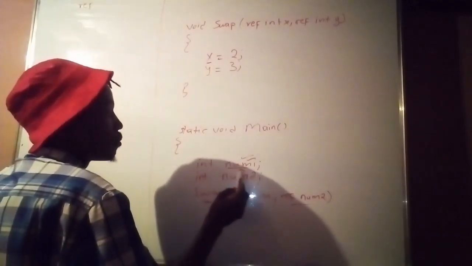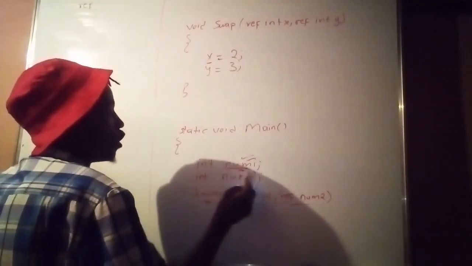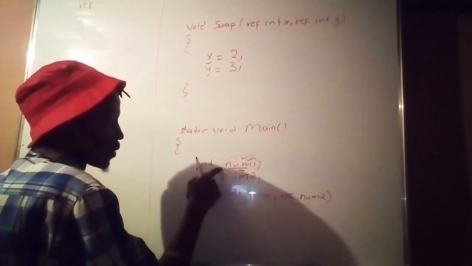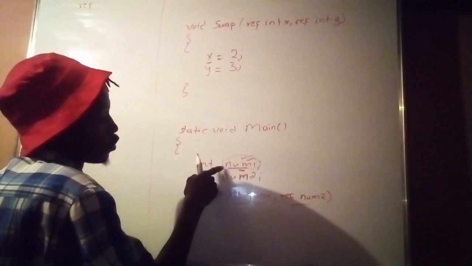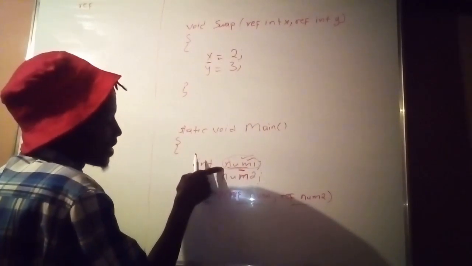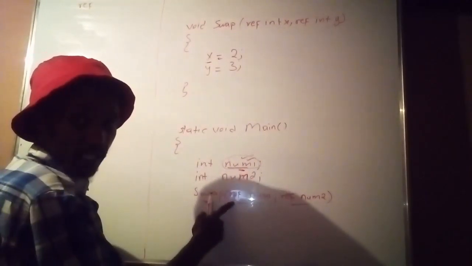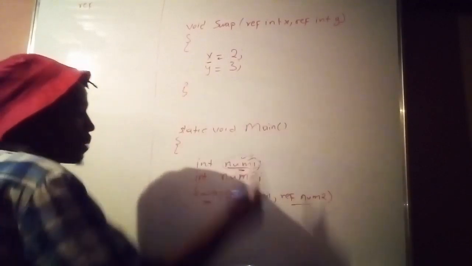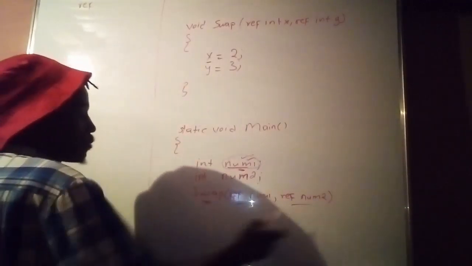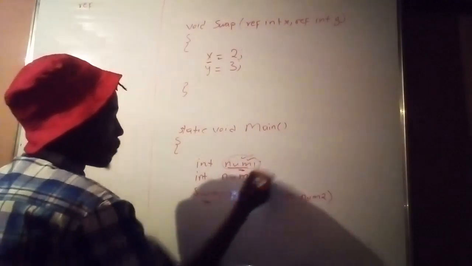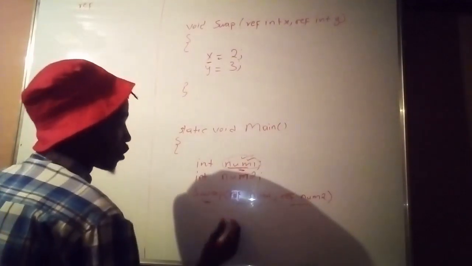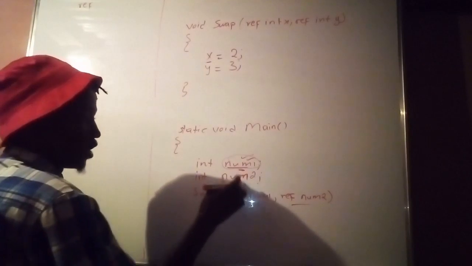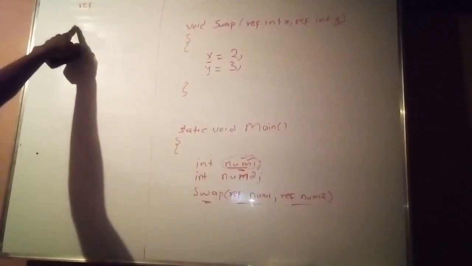So we were able to modify the value of num1, though we do not have direct access to num1. We do have access through its address. Does that make sense? The same applies to num2. If you print the values of num1 and num2 after you call this method, you'll find that you have 2 and 3, but you didn't assign these values here. So that's how you use ref.